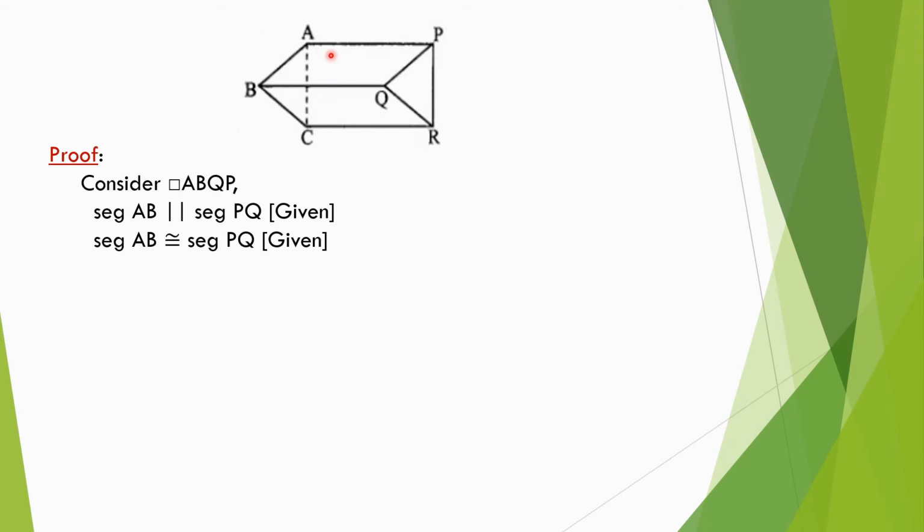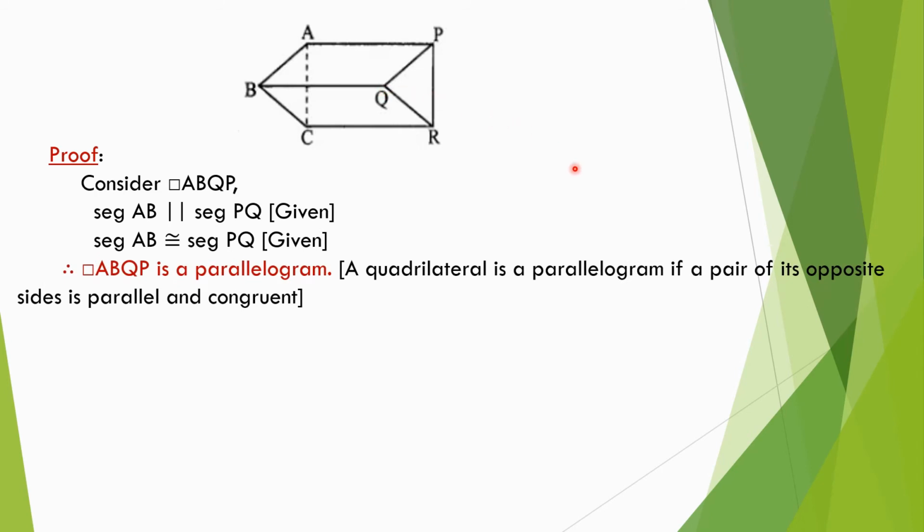And proof: consider the quadrilateral ABQP. Segment AB is parallel to segment PQ and segment AB is congruent to segment PQ. That is already given. A quadrilateral is a parallelogram if a pair of its opposite sides is parallel and congruent. Therefore, the quadrilateral ABQP is a parallelogram.